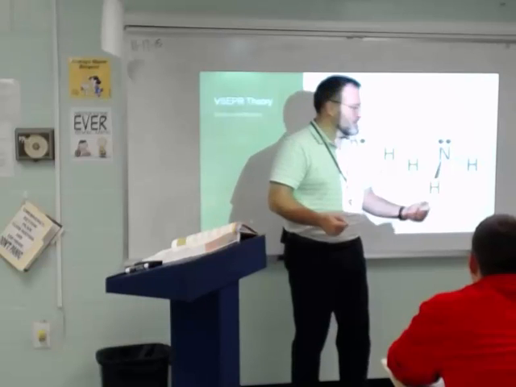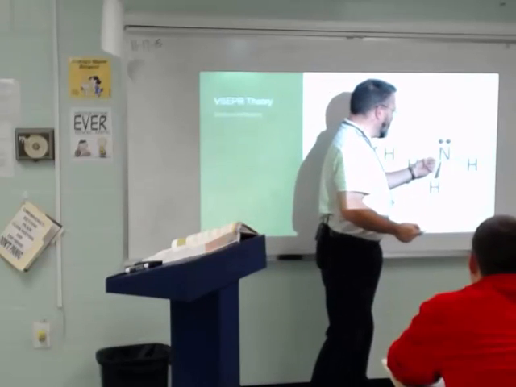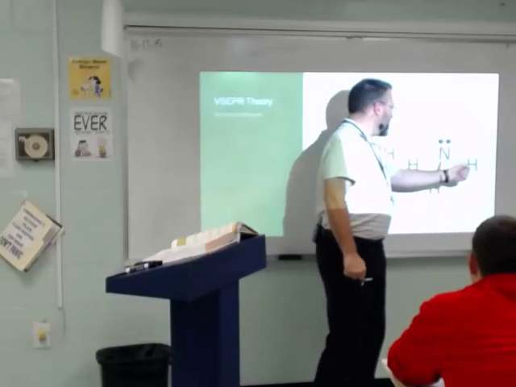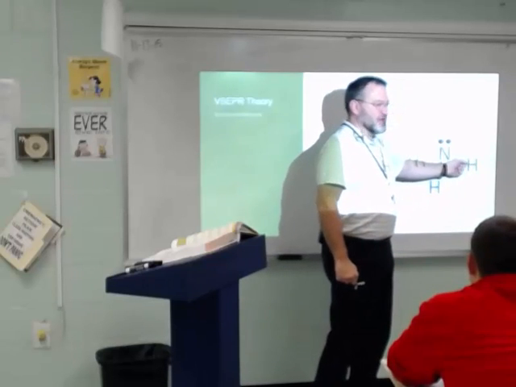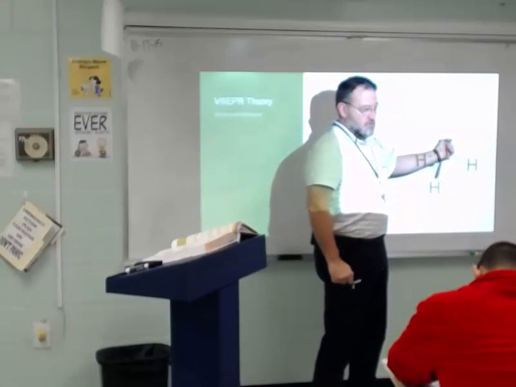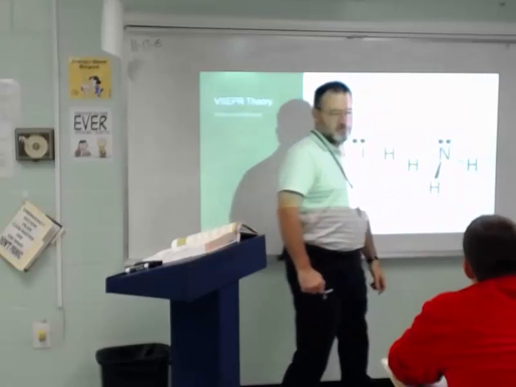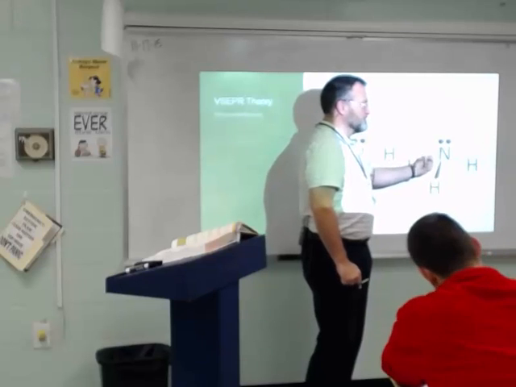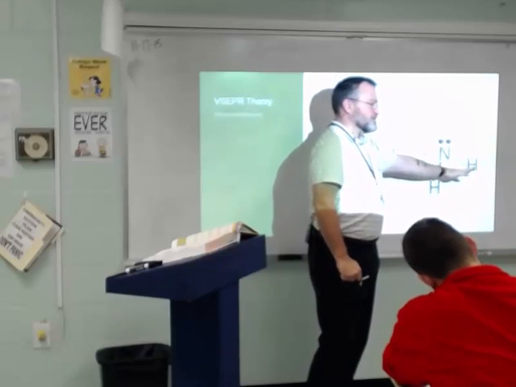We've got a pair here that's being shared, a pair here that's being shared, a pair here that's being shared, and a pair here that's not being shared. Nitrogen hasn't given up any of those two. Those two still belong fully to nitrogen. They're not sharing with anybody. But the other ones are shared.